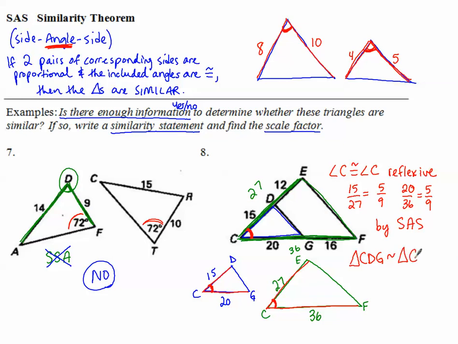C corresponds with C, CD is the small side, and CE is the small side, and then F. And the scale factor we found to be 5/9. So by side angle side, we proved the triangles are similar, and the scale factor is 5/9 that we saw by the proportional sides.